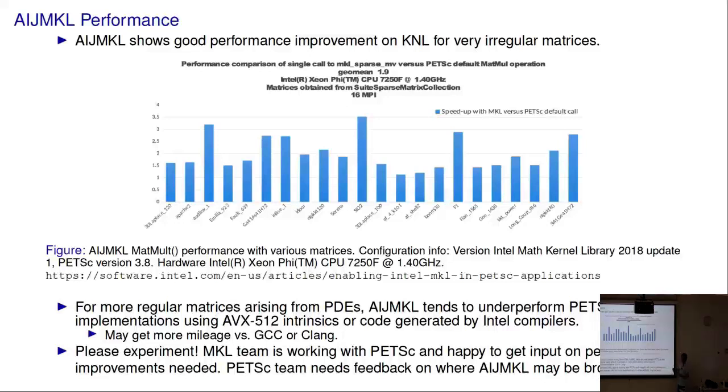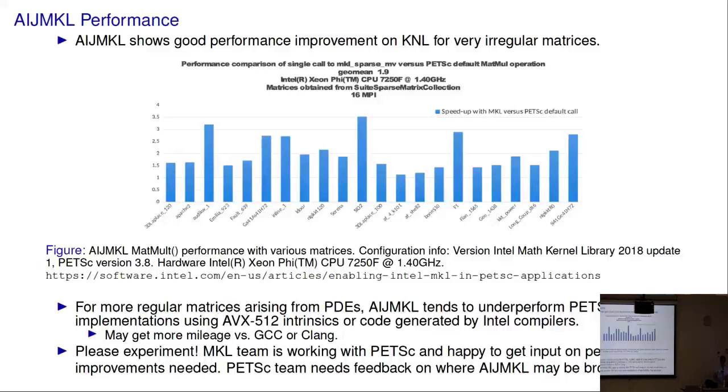So if we get more people trying this out and saying, hey, the performance is not very good, we can point the MKL team to PETSc examples that don't get the performance they want. We want to do that because that's what they want from us. The idea is that hopefully, eventually, this stuff gets really good, and then the folks doing PETSc can worry about optimizing higher level things than the sparse matrix vector multiplication on whatever the latest Intel CPU is.